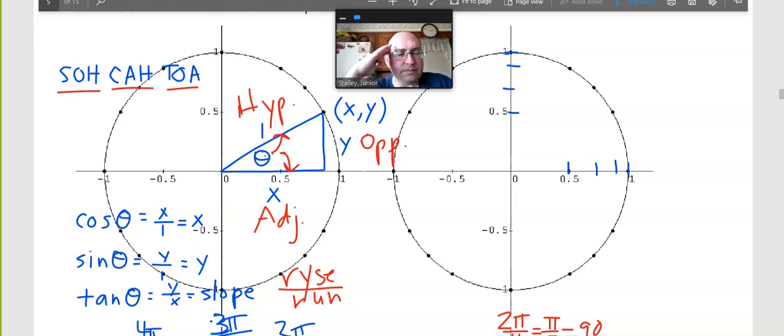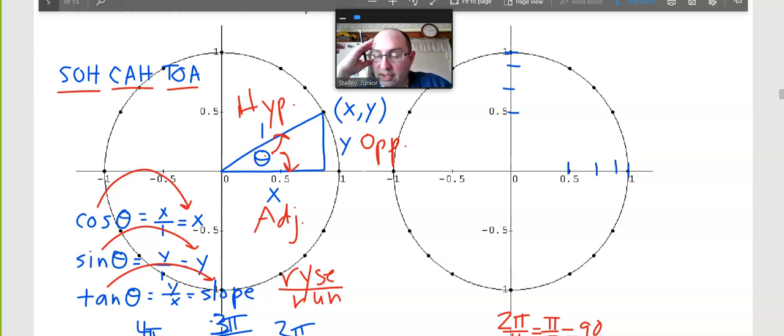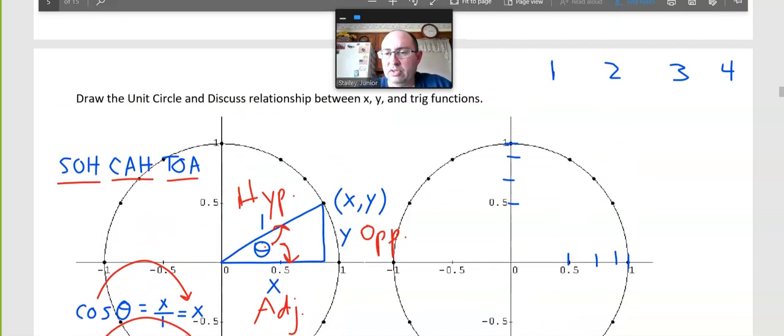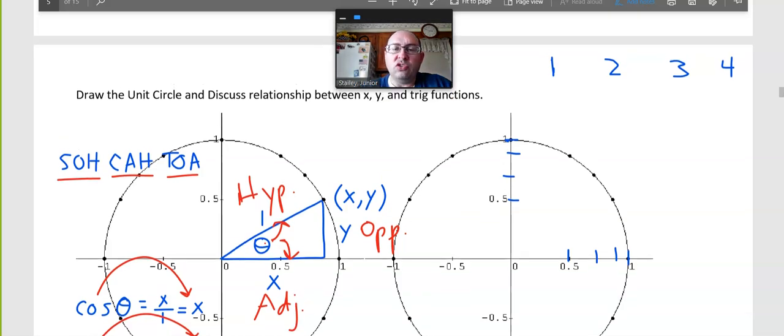Okay, so the connection we're trying to make here is that cosine goes with x, sine goes with y, and tangent goes with slope. That's what I really need you to understand. Now, there are some really important values on the unit circle. Those important values, at least the x's and the y's, start out with 1, 2, 3, 4.